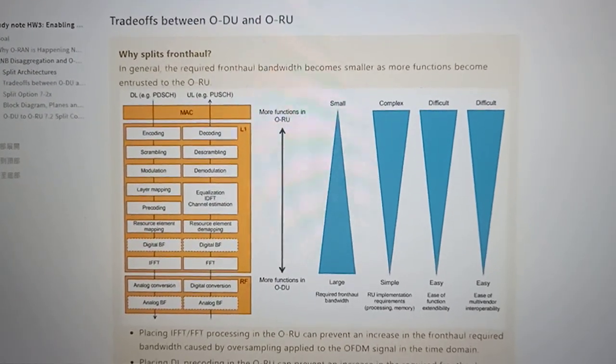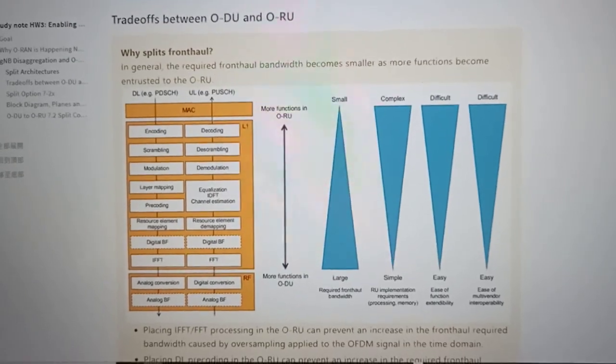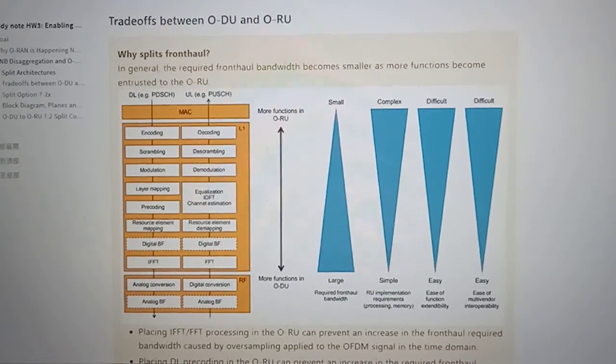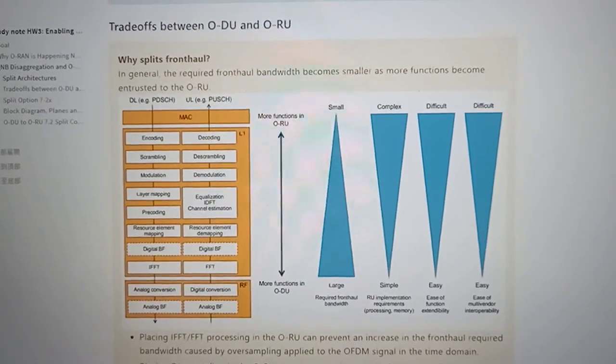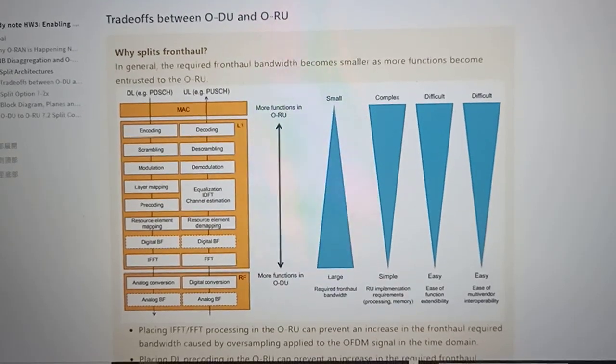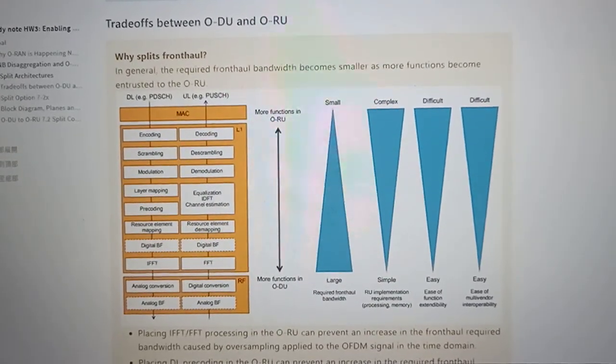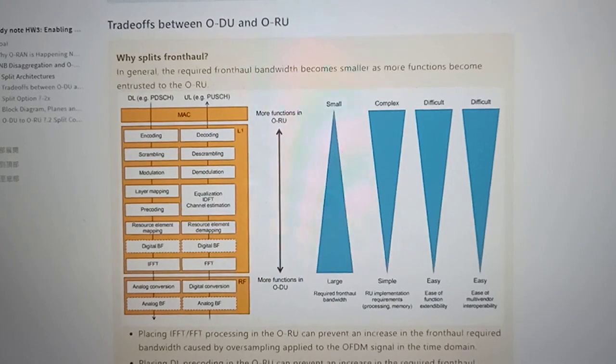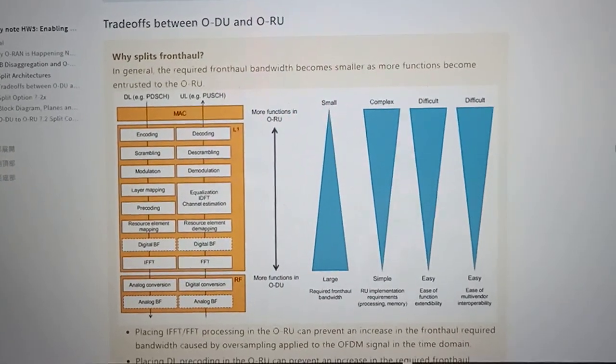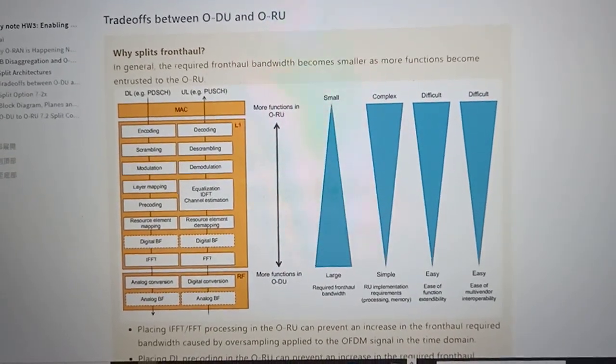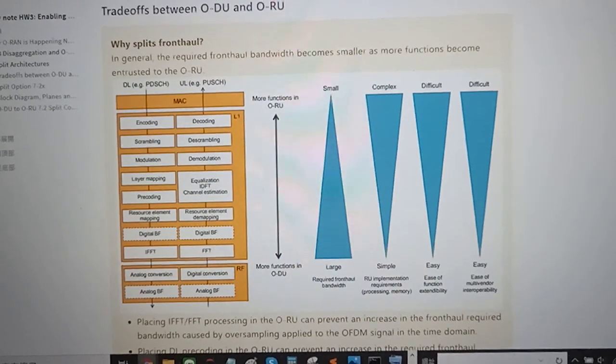Why do we need the split Fronthaul? Because in general, the required Fronthaul bandwidth becomes smaller as more functions become entrusted to the O-RU.